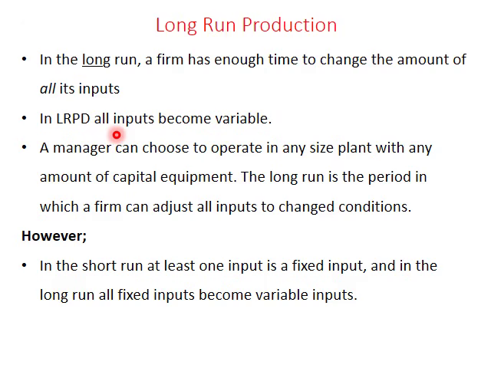In short-term production, there should be at least one fixed input, but in the long run, all the inputs become variable inputs. Thus, a manager can choose to operate in any size plant with any amount of capital equipment. The long run is the period in which a firm can increase or decrease all the inputs to align with the changing conditions.